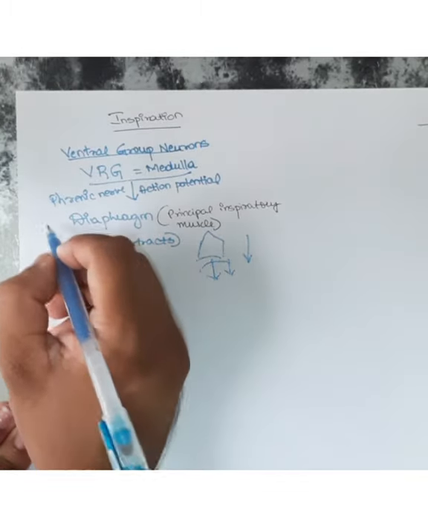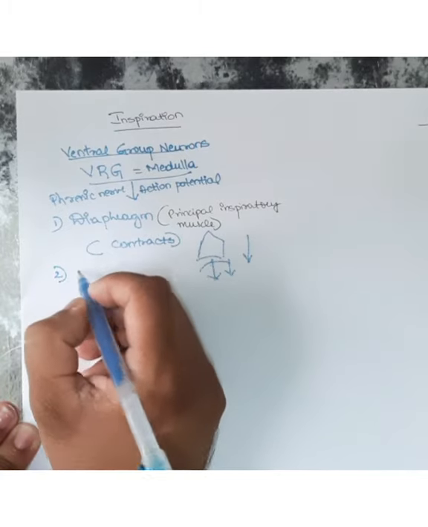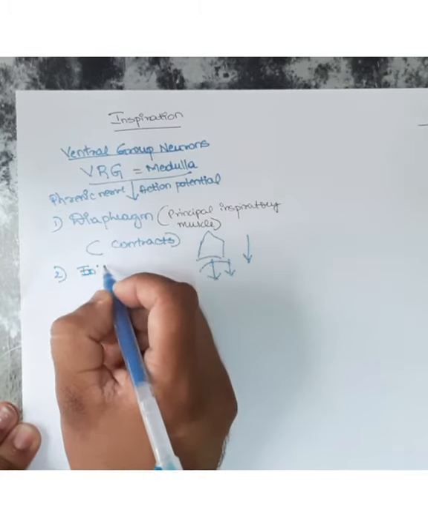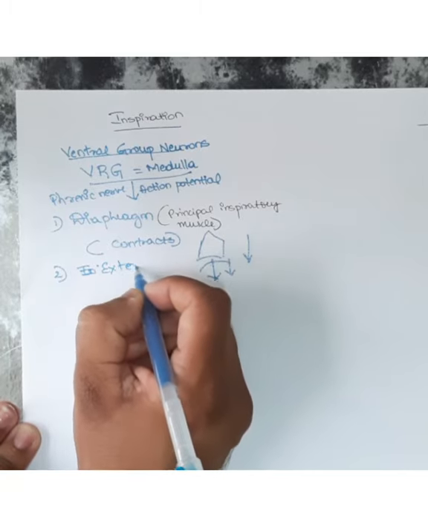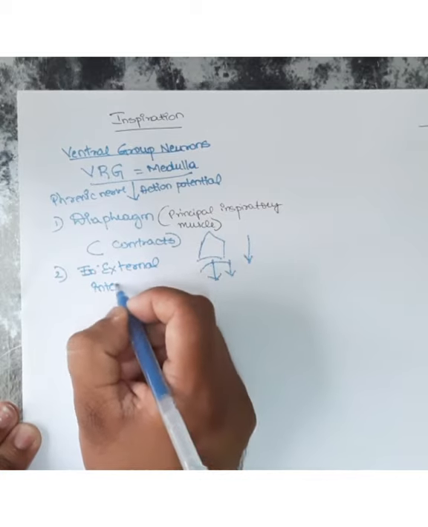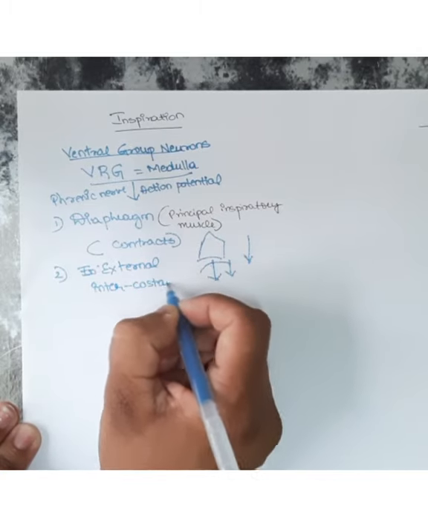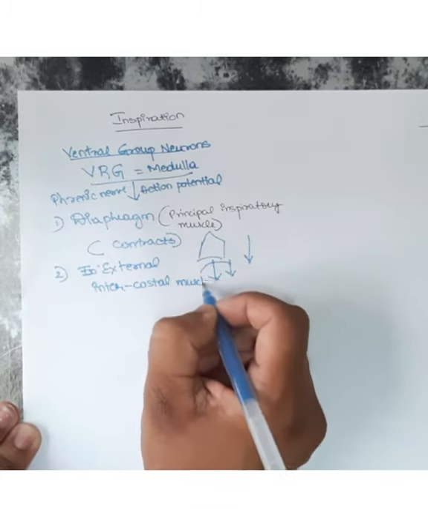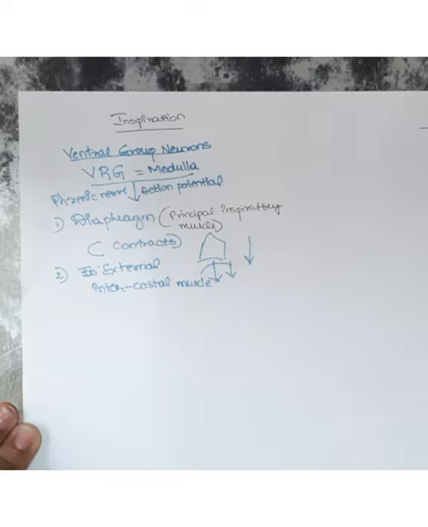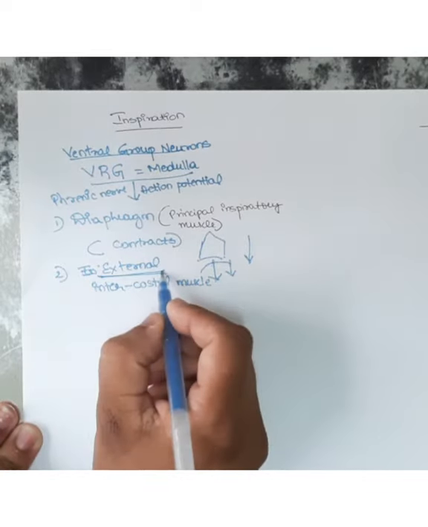Not only this, the second thing that happens is contraction of the external intercostal muscles. Intercostal muscles are the muscles found in the intercostal spaces in between the ribs. So we do have external and internal.